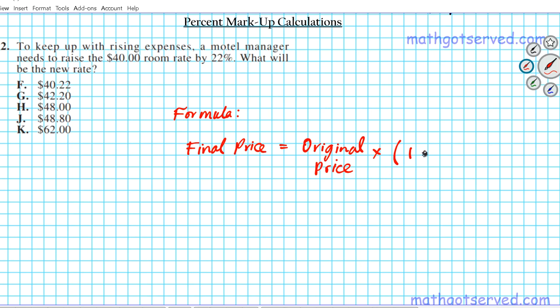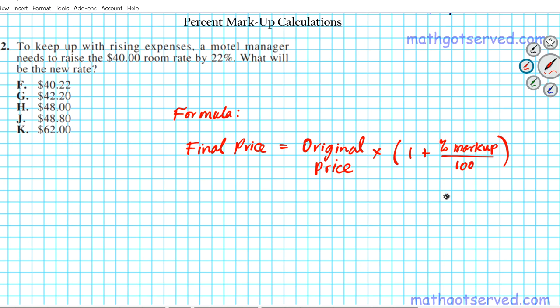So you have the original price plus a component that tells you the markup amount, and that is simply the percent markup divided by 100. So what percentage are you marking up by?